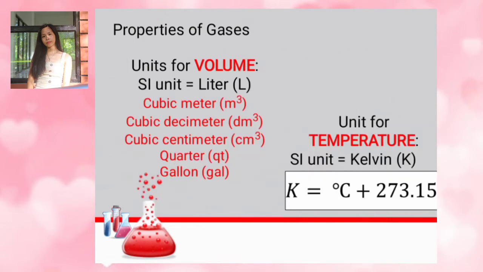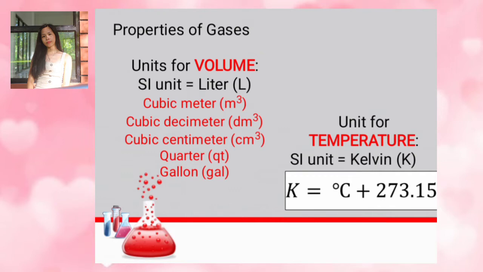This is the unit of volume. SI unit equals liter, the symbol is L, cubic meter, cubic decimeter, cubic centimeter, quart, and the last is gallon.